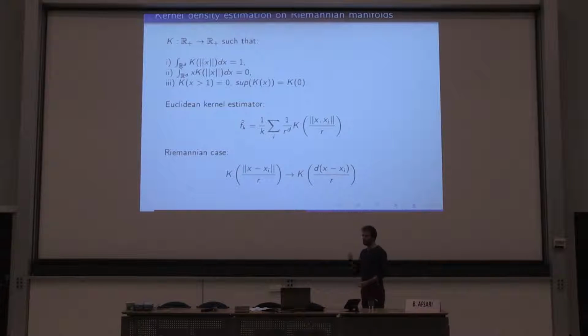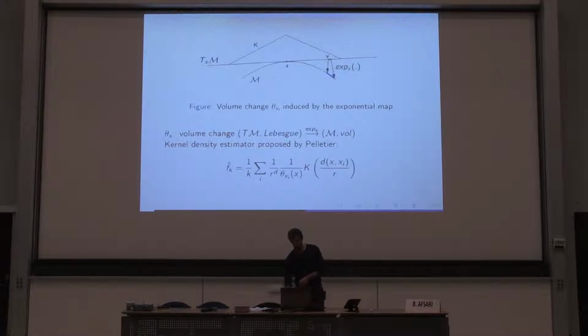And now if you switch to a Riemannian manifold, you are tempted to first change the distance inside the kernel. The problem is that if you just do that, the kernel does not integrate to 1 anymore.